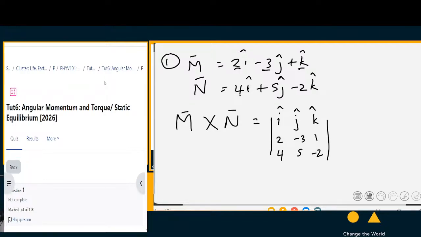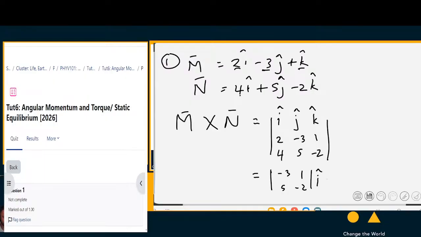Now you have all done determinants before, so I will not insult you by doing it step by step, but maybe I should. For the first one, we have negative 3 and 1, 5 and negative 2, and that is i hat.